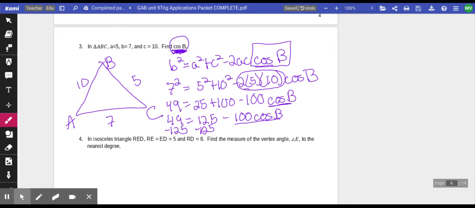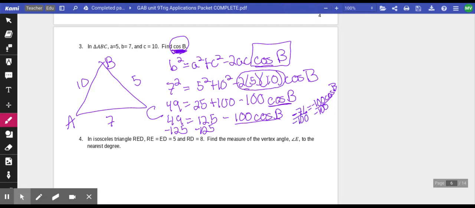And I get negative 76. So negative 76 equals negative 100 cosine of B. To find out what the cosine of B equals, I divide both sides by negative 100.